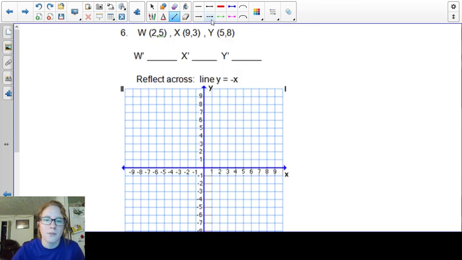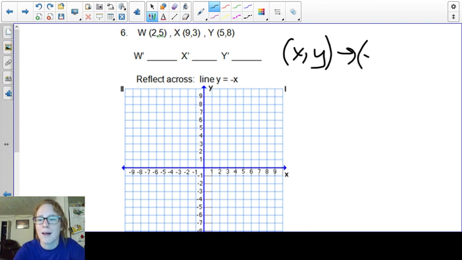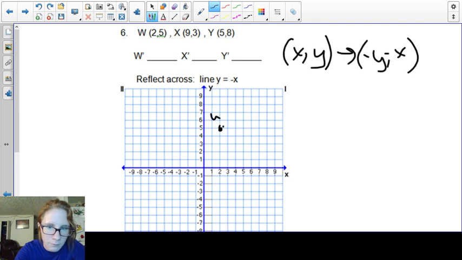All right, now we're going to do the opposite. We're going to do the line y is equal to negative x. And when we do that one, my x and y flip spots and become the opposite sign. So let's do my original points. I have 2, 5. 9, 3.